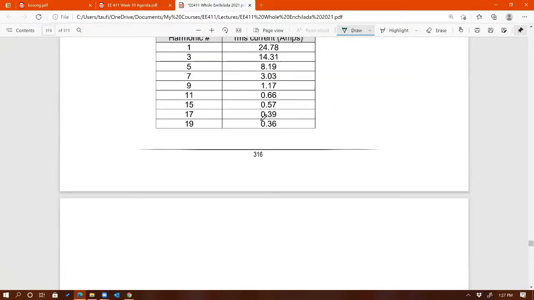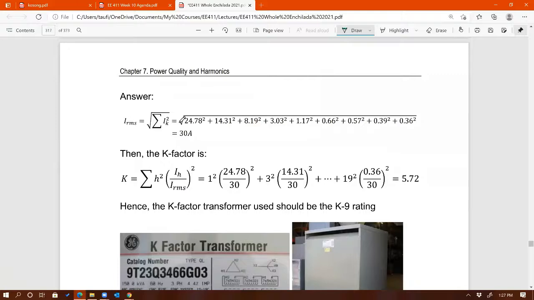It's straightforward, as you can see. You find the RMS first, and then you plug the RMS into the K equation as the total RMS. Then h is just the harmonic number, Ih is the individual harmonic current from the table. So you just sum them up like this, and at the end you get a number.